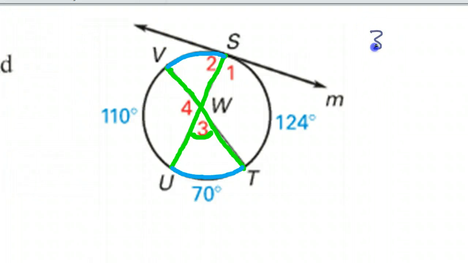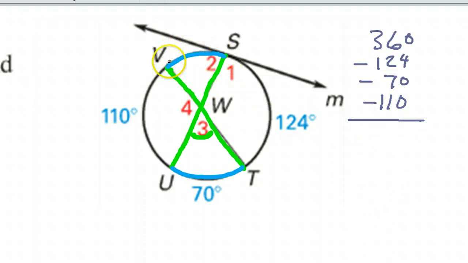So if we do 360 minus 124 minus 70 minus 110, that should give me arc VS over there. That should give me the missing arc.